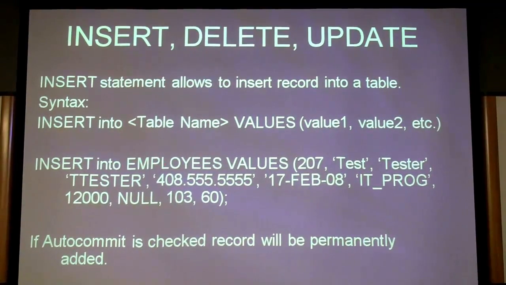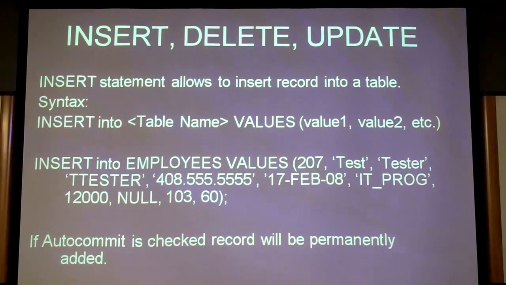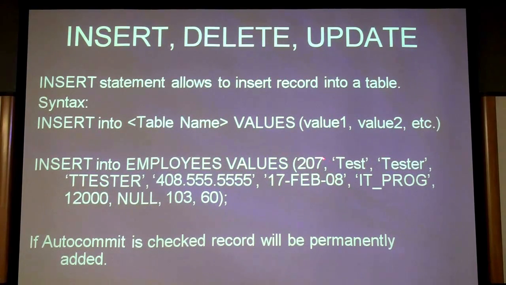If we execute it once, the tester will be inserted into the database, but we're executing second time, assuming that another tester arrives, okay, then it will actually issue an error, because we will violate the primary key constraint. We cannot have two employees with the same 207, right? That will be an error.